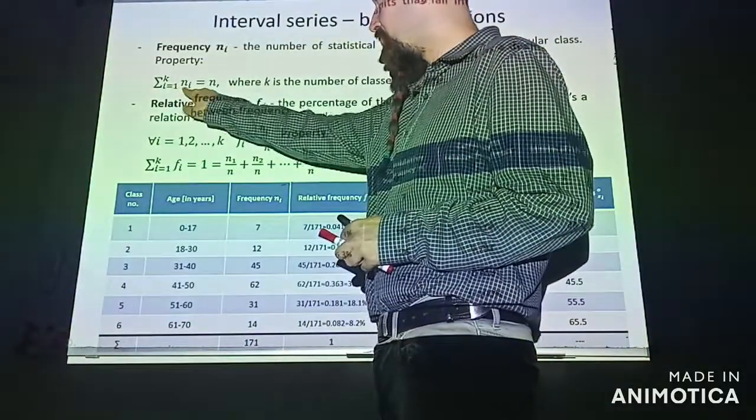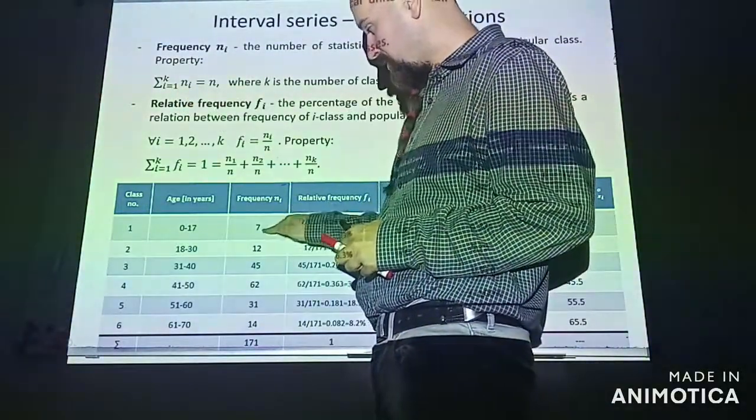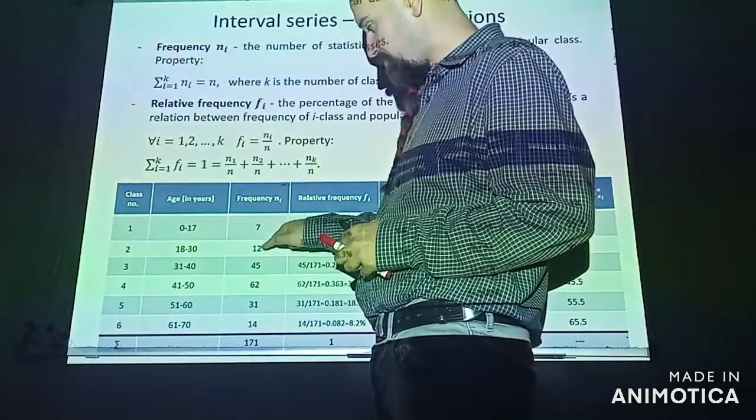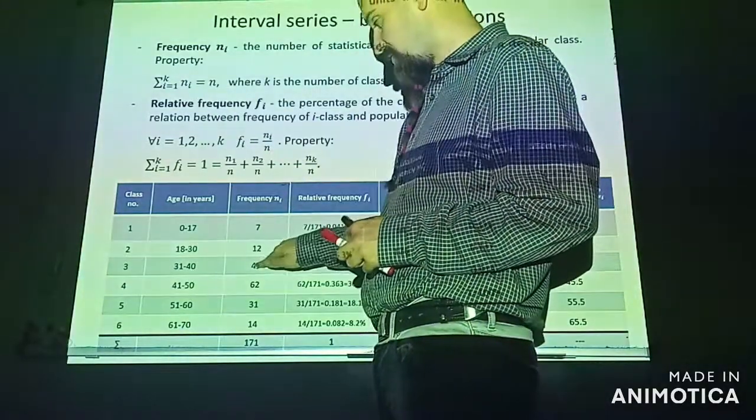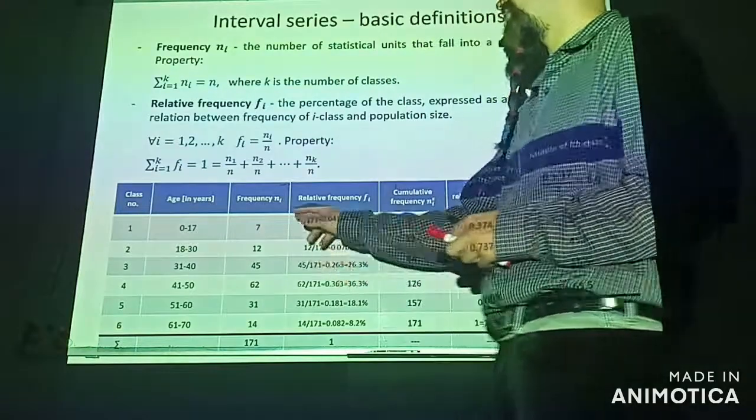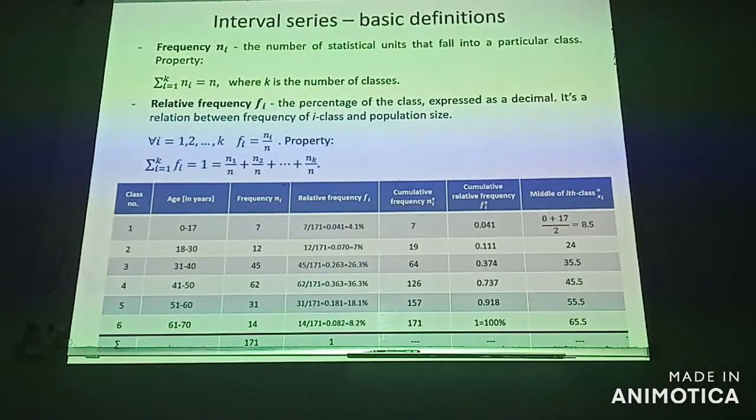This operation sums up n1 plus n2 plus n3 and so on, and gives us the population size n.